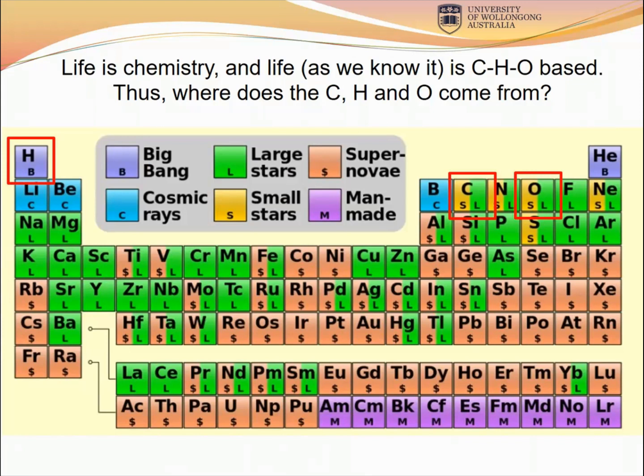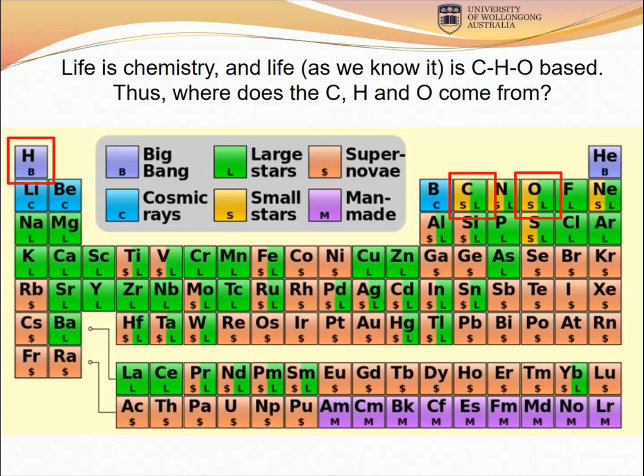And this is a rather different rendition of the periodic table, because it shows where all the various different elements come from. So hydrogen comes from the Big Bang, more than 13 billion years ago. And then color-coded are the origins of all the other elements. Some are generated in large stars, some in supernovae, and then right down the bottom, you actually have ones which are made by us in reactors.